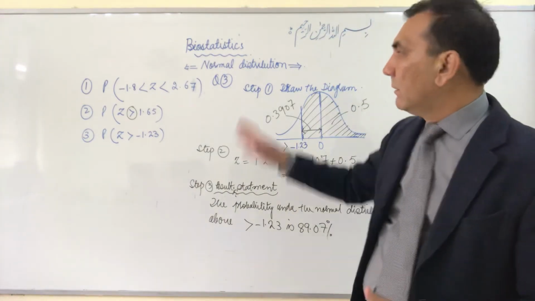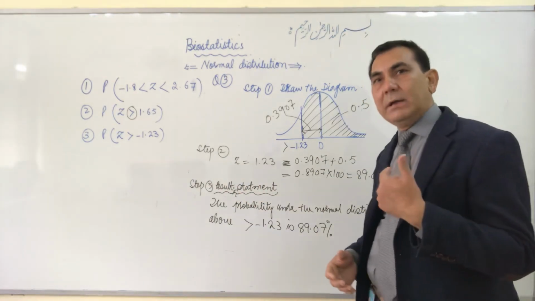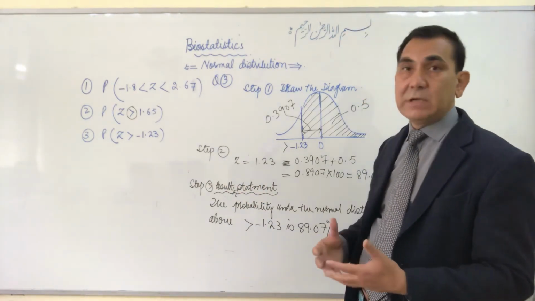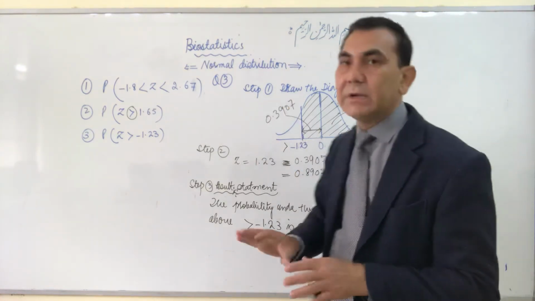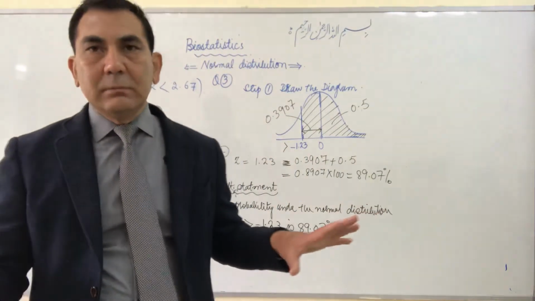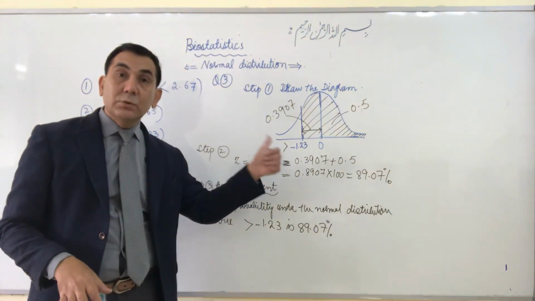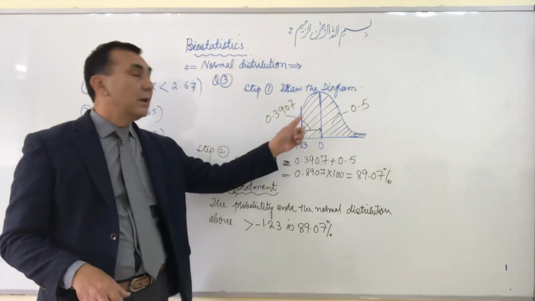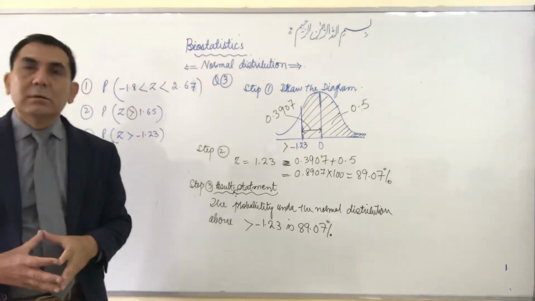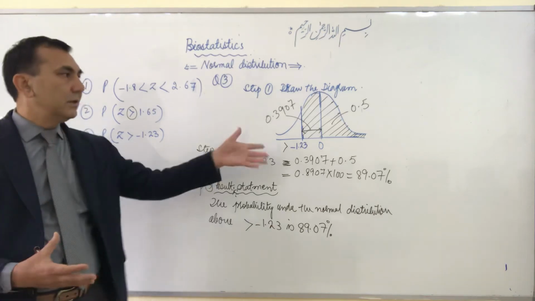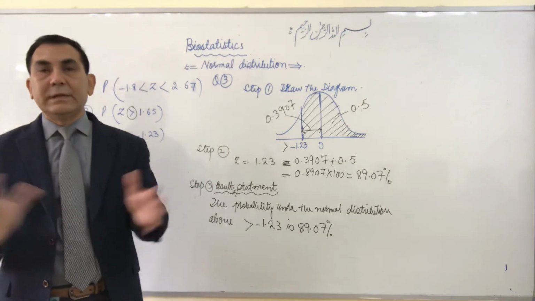First, we draw the diagram and shade the area; second, we find the z-score value for the shaded area; and third, we write the result statement saying what the proportion means.